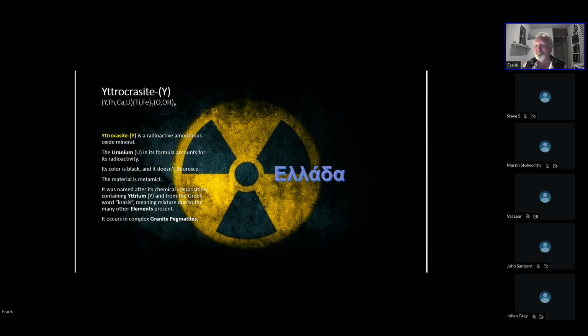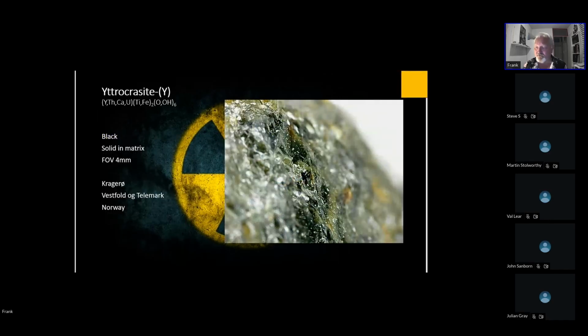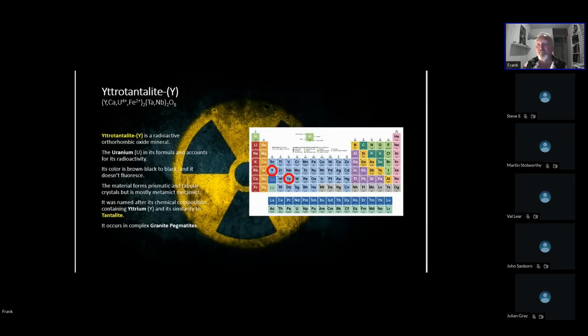Boltwoodite, another orthorhombic oxide mineral. Its color varies from orange red to bright red, and also this mineral doesn't fluoresce. The material occurs as spherulites and crystalline incrustations, and it was named after its discovery locality, Wölsendorf in Bavaria, Germany.